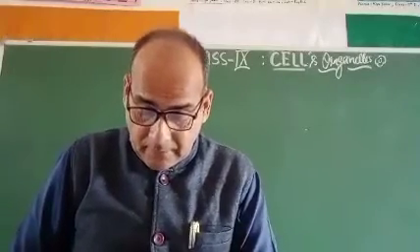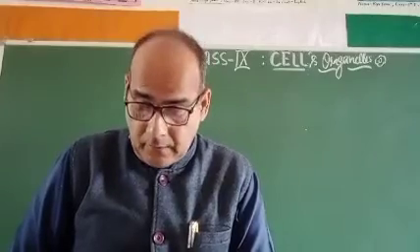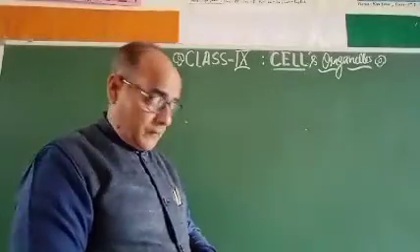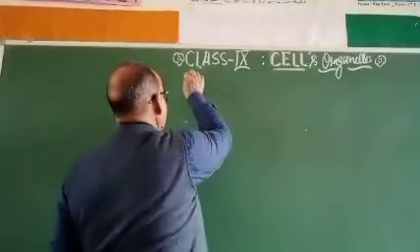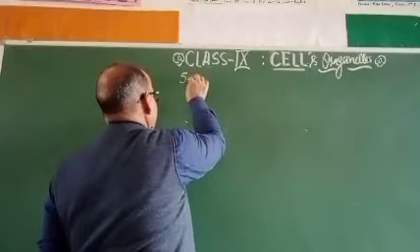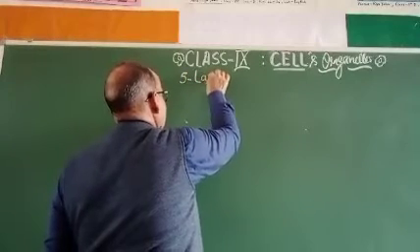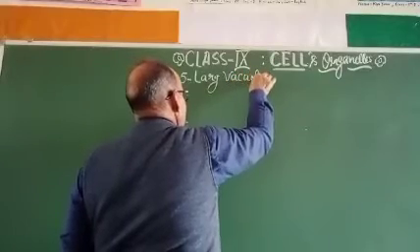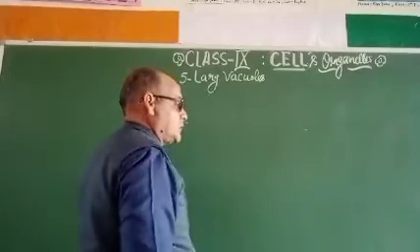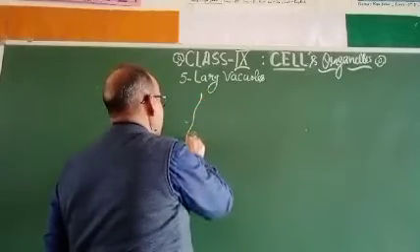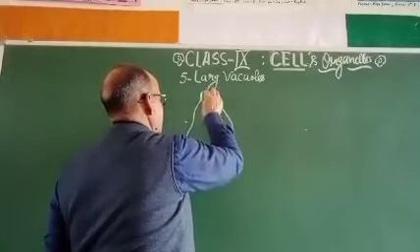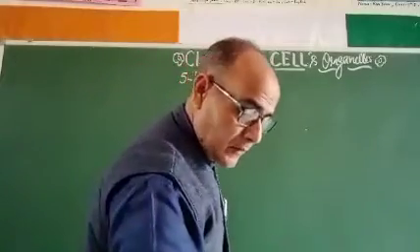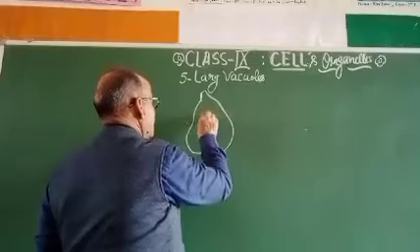while this is the fifth one, that is the vacuoles. Large vacuoles are found in plant cells. So this will be the 5, large vacuoles. Dear student, large vacuoles have a shape something like this. Suppose this is a vacuole that is found in plant cells, and inside these vacuoles, certain enzymes are found.